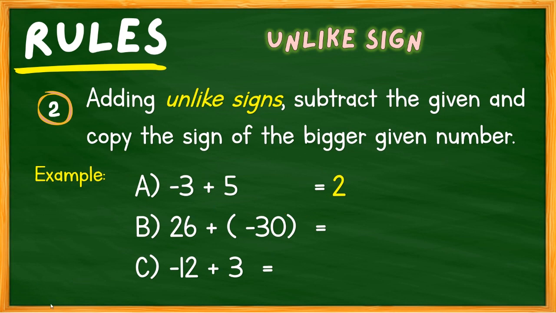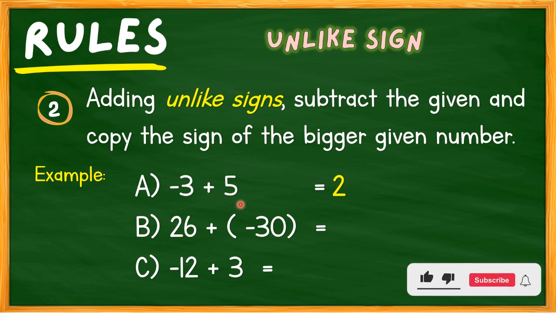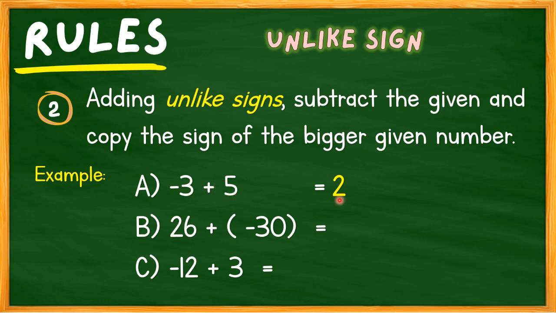What should be the right sign? Is it positive or negative? The answer must be positive 2. Why? Because the higher number or the biggest number is positive. 5 is a positive number. Therefore, the sum must be positive.